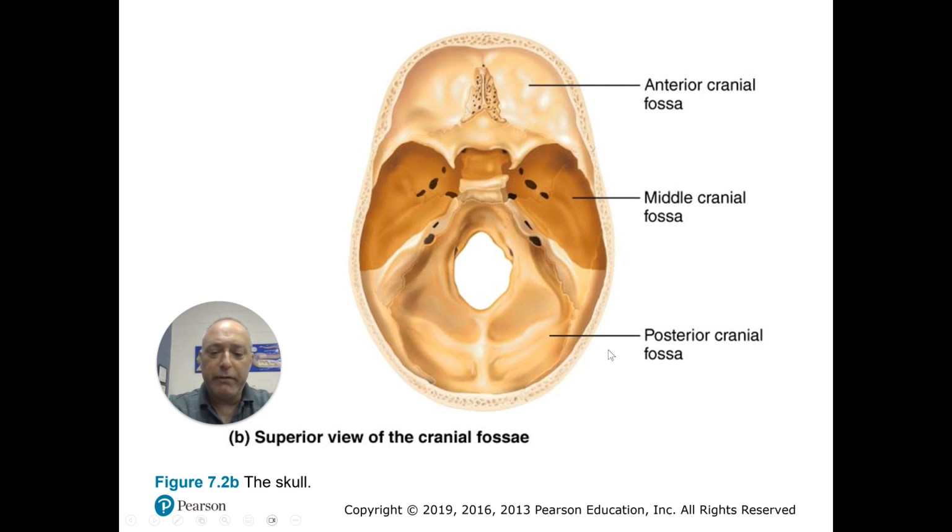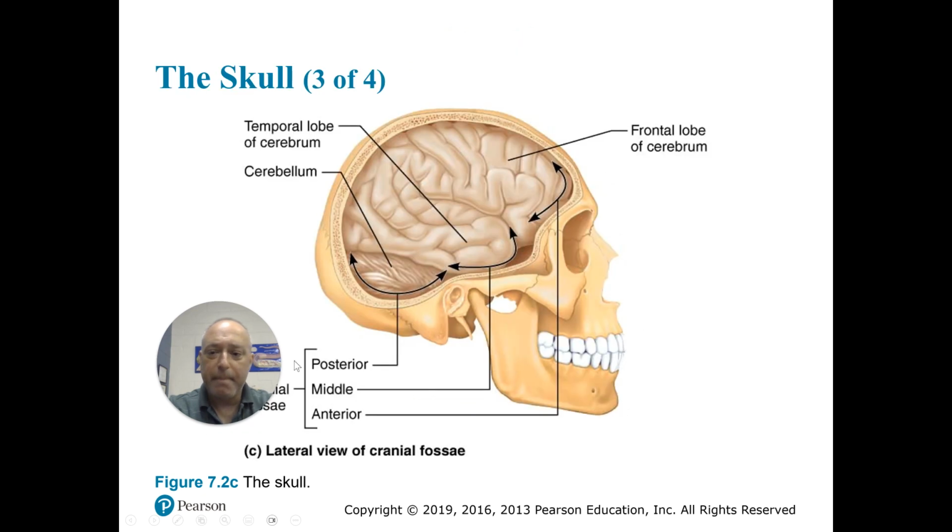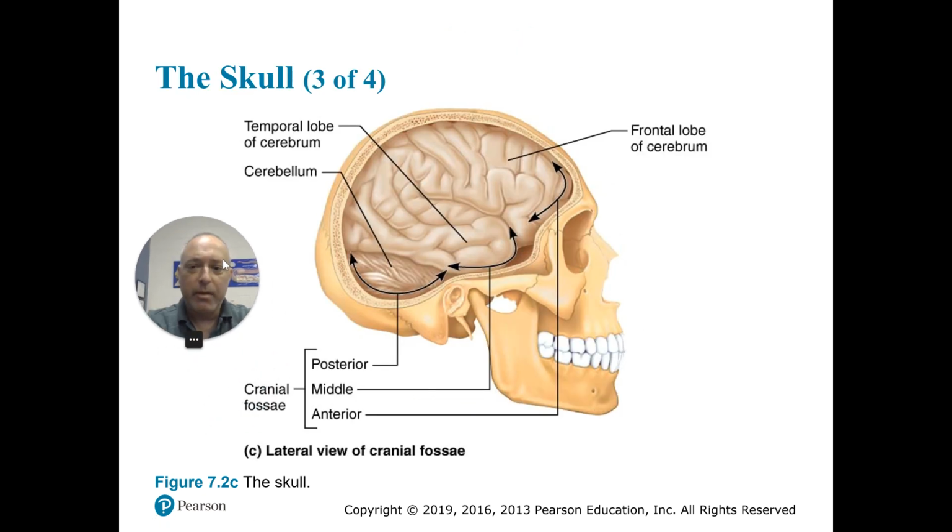Okay, this is a superior view of the cranial fossa, but we've got the anterior fossa, the middle fossa, and the posterior fossa, and this is where the brain sits. With the cranial fossa, here we've got posterior, middle, anterior.